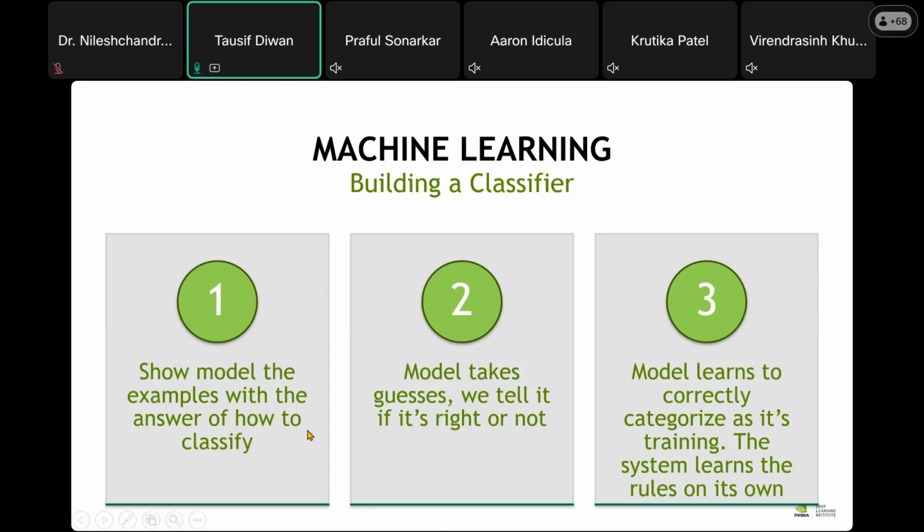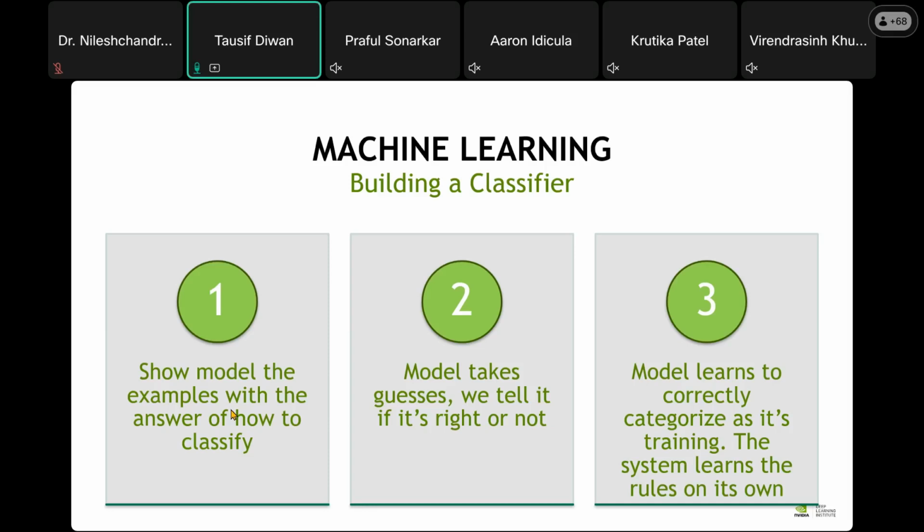These are the steps while building a classifier. First of all, show the model several examples, like this is the input and this is the output. The model will learn the relationship between the input and output, and based on that relationship it tries to predict the outcome for unseen data after the convergence of the model.